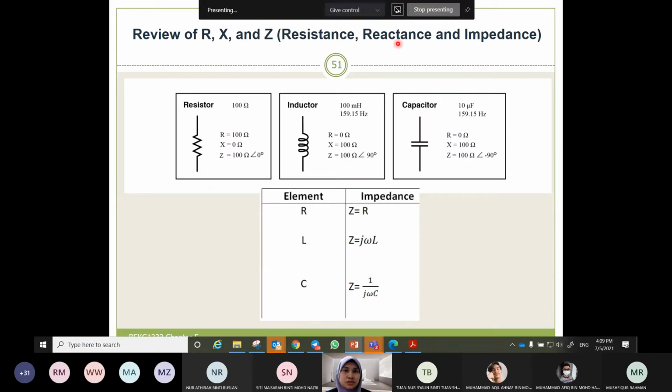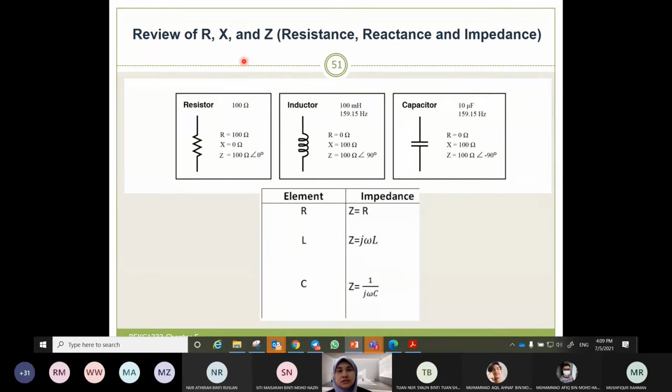Okay, so this is the fundamental of AC circuit. Instead of R, we can have capacitor and inductor. So this is resistor, this is inductor, this is capacitor.